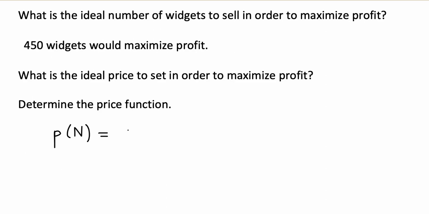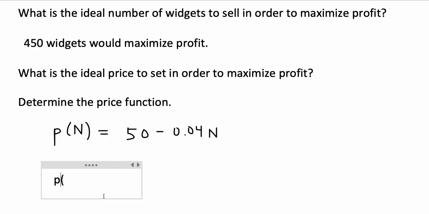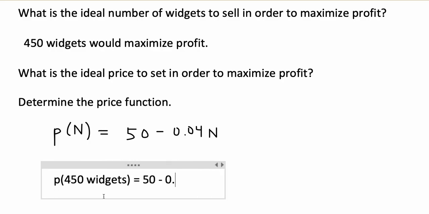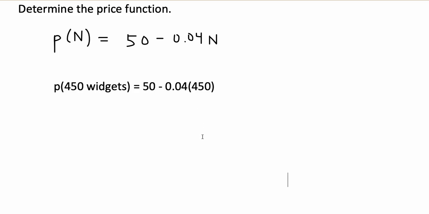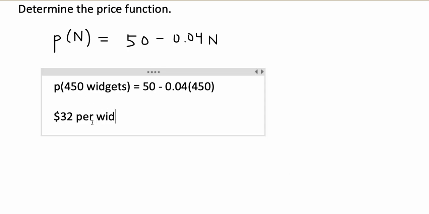Little p is 50 minus 0.04n. And then what would be the price for 450 widgets? Just plug in your 450. And let's see what it is. $32 per widget.